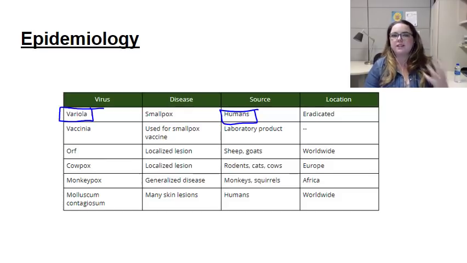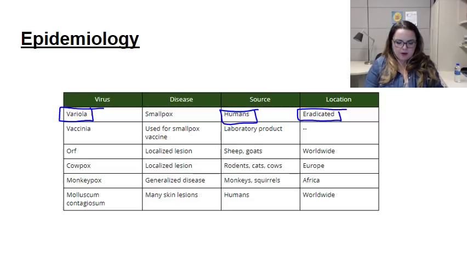So if we could just vaccinate all of us and make sure that nobody else got it, we were able to get rid of it. And it has at this time been eradicated. There are some live stocks of it, I'm sure, in some laboratory somewhere, but it is not currently circulating in the human population. When it was, it was transmitted by aerosols, contact with lesion material, or by fomite.